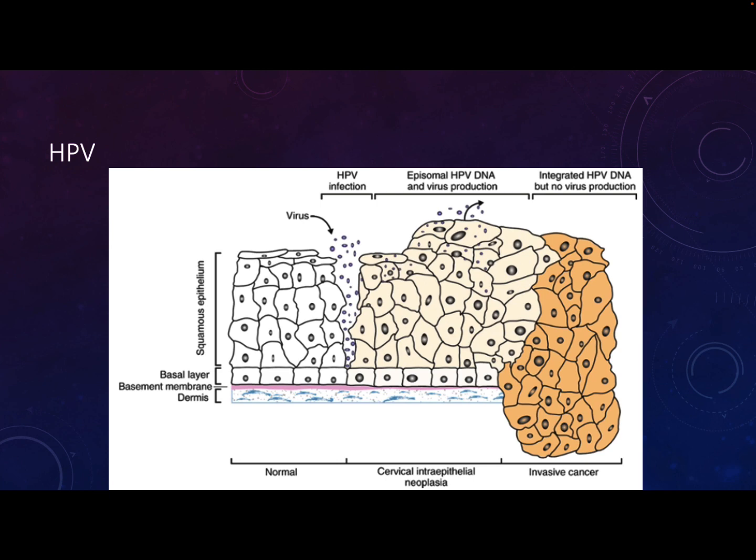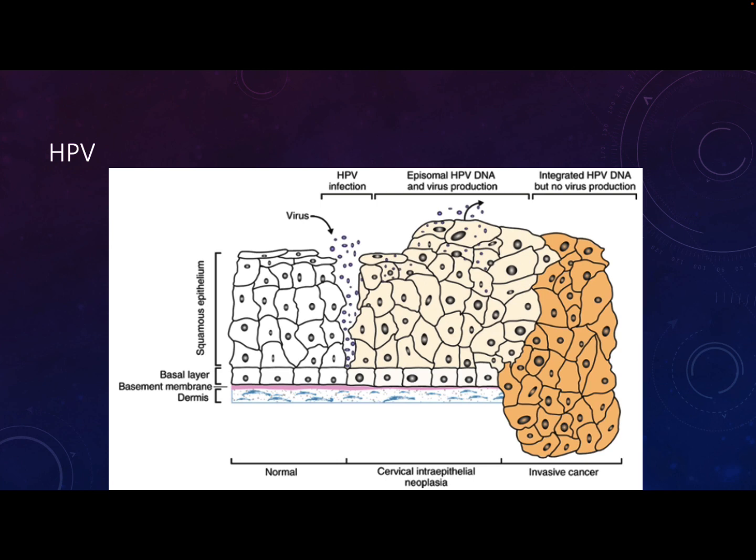You have viral production, you have genital warts, okay? But at some point, you've gotten the integration of the viral DNA into the host cell, and the cells are no longer responding to growth signals and stop signals the way that they should.